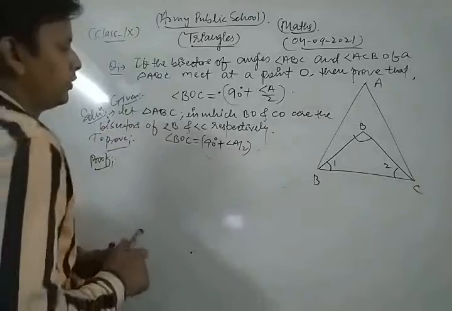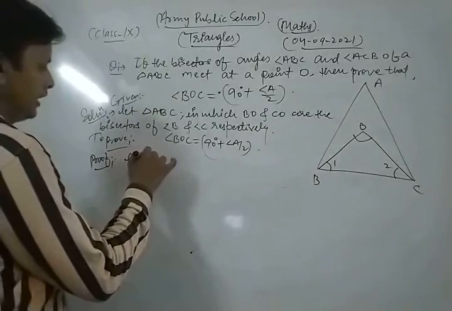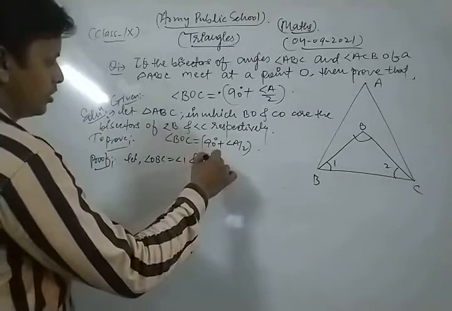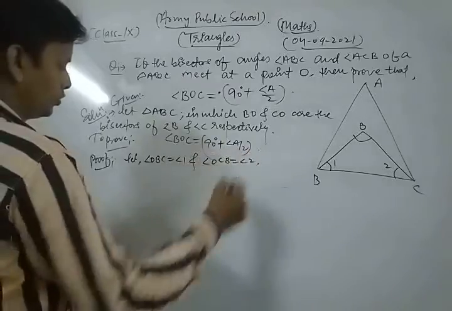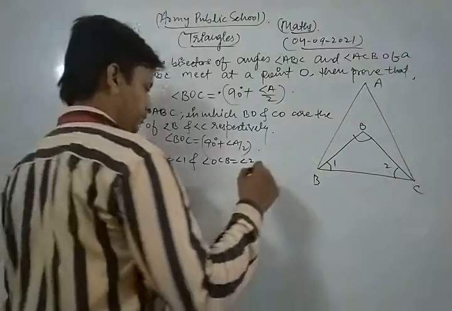So in the proof, dear friend, let angle OBC be equal to angle 1 and angle OCB be equal to angle 2.